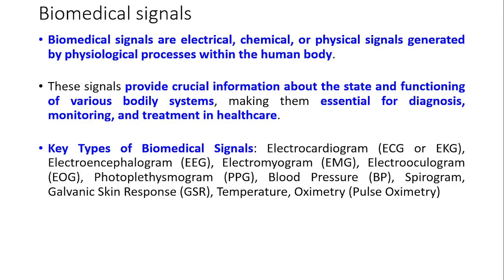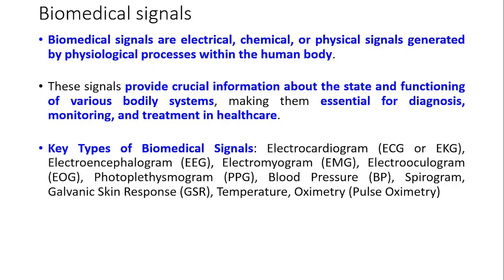So electrical signals: cardiac muscles, when they contract, generate electrical signals. Muscles, when they are contracting, generate electrical signals. Chemical: when there is neurotransmission, some chemicals are released, then those chemicals go and excite the next neurons, so that the signals can be transmitted.